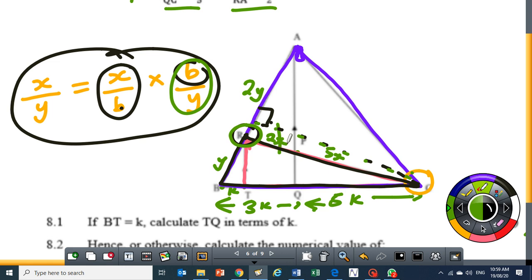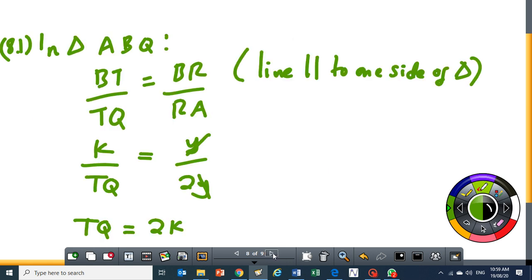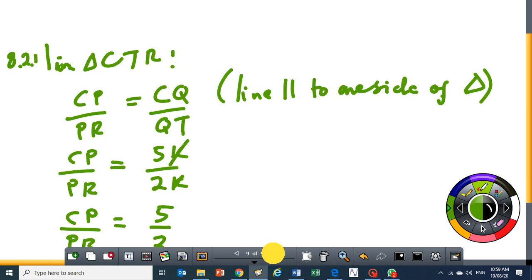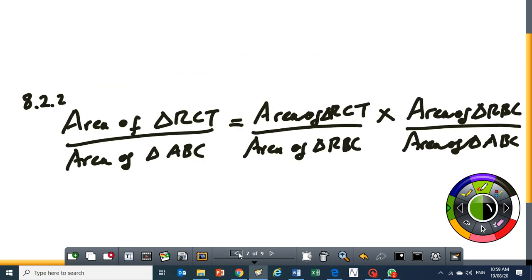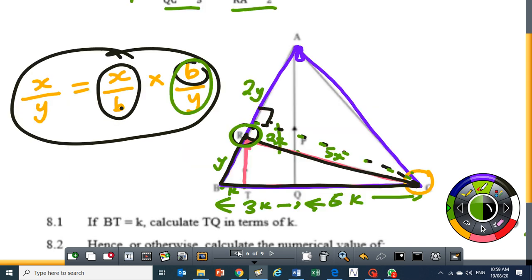Okay? Then now I can go back and substitute here. The area of RCT, let's go back to where it is.